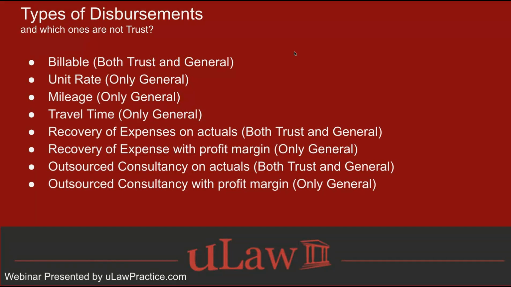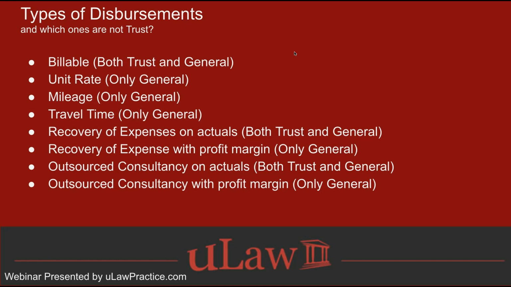They can be billable for some third-party consultancy, etc. Or for your own, let's say, court filing fee, etc. There could also be recovery of expenses on both actuals or any consultancy. But there are a few different types of disbursements. How are we going to record them?